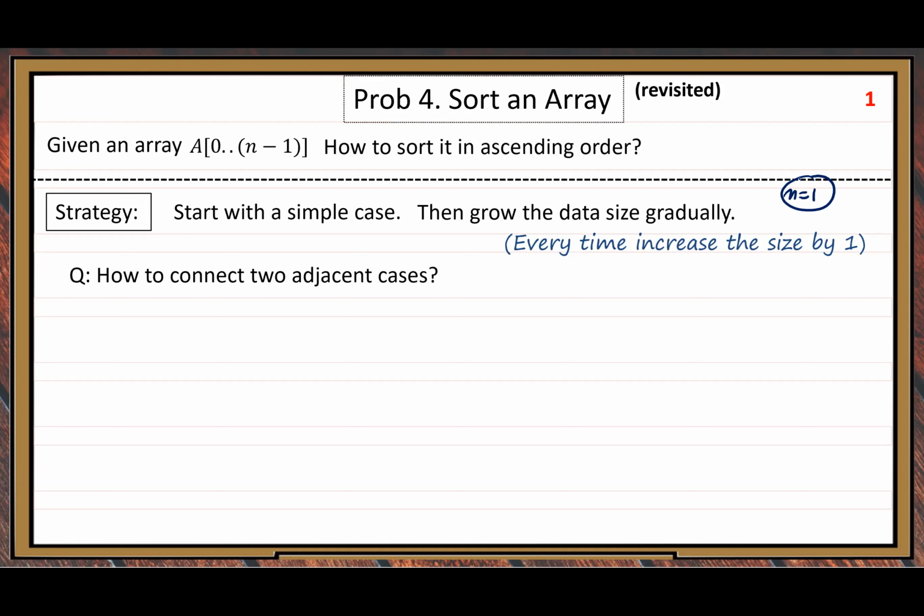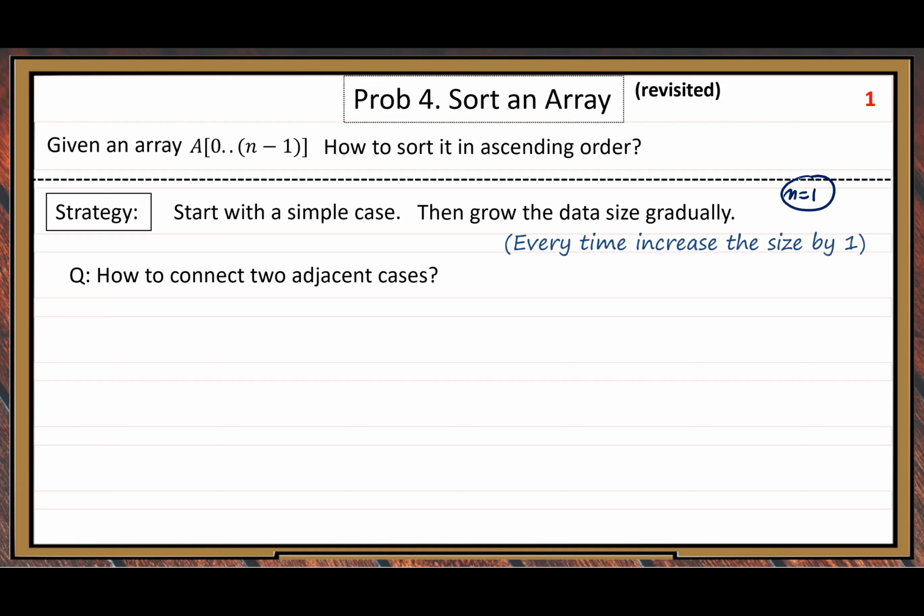The question: how to connect two adjacent cases? That's actually what we did in module 3, right? When we determine the recurrence relation, we use this way. So problem size reduction, think about that.